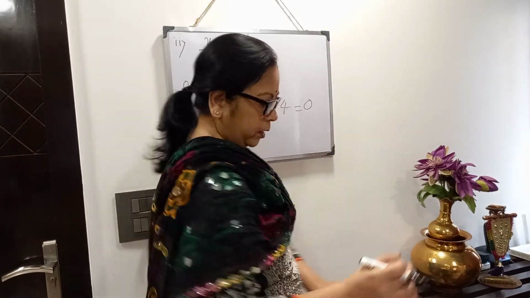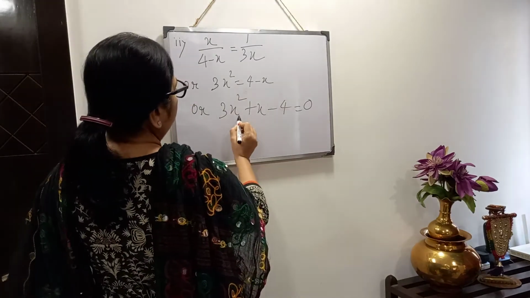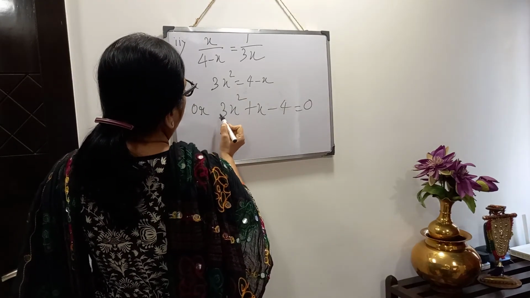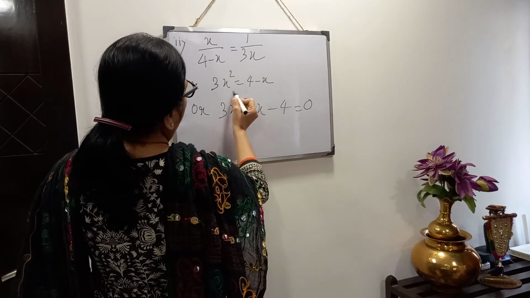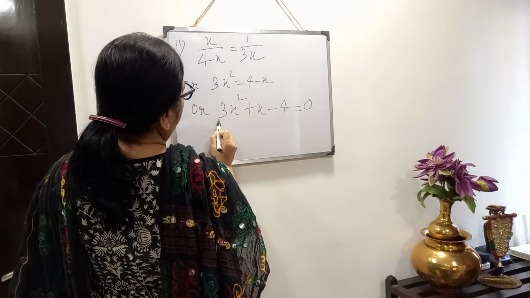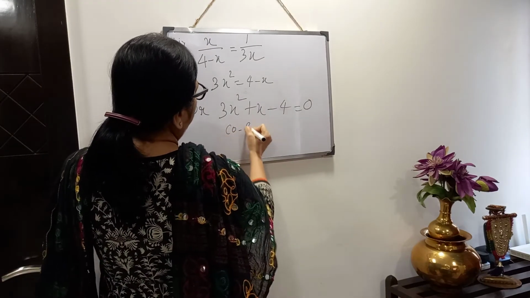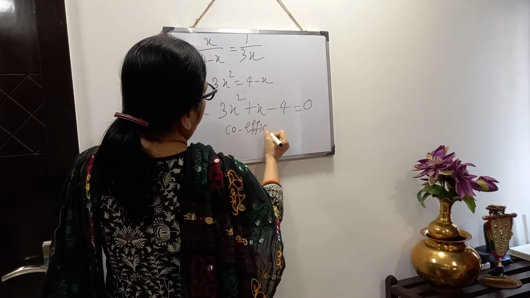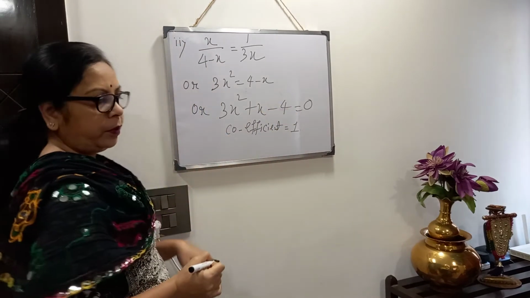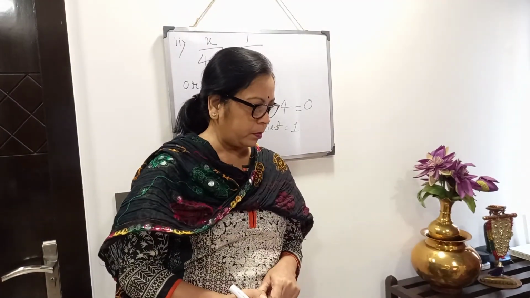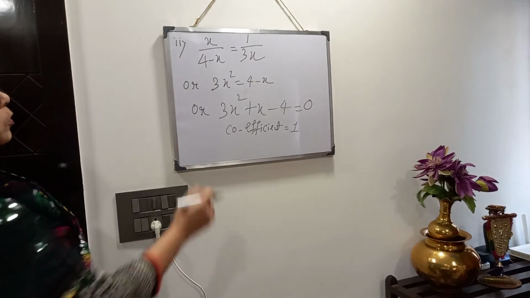Then calculate the coefficient of x. What is coefficient? Coefficient means, in class 9 you have learned, what number exists in the left hand side of the variable. What is the coefficient of x square? 3. Coefficient of x? 1. Clear? Coefficient of x, nothing is there, means 1. This is over. Now what will be the coefficient of x to the power 0?